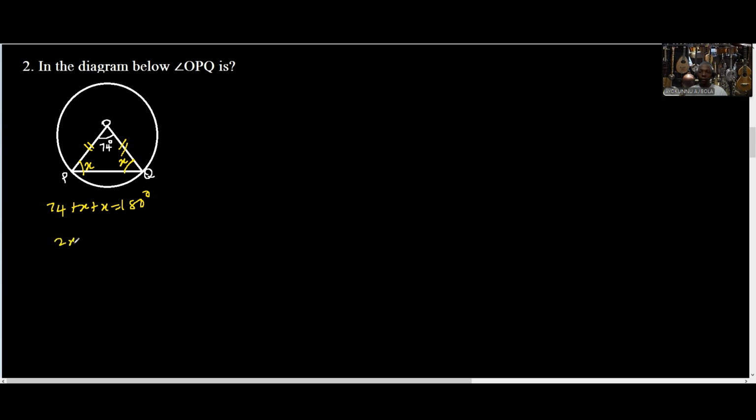Then 2x equals 180 degrees minus 74 degrees. What is 180 minus 74? 106. Then x equals 106 over 2, and that is 53.